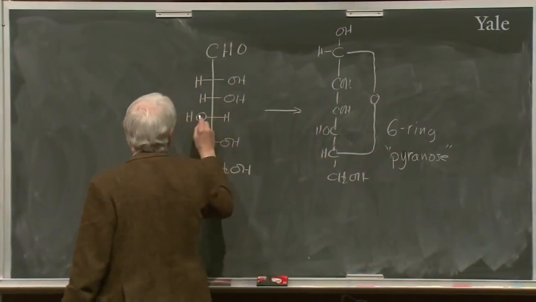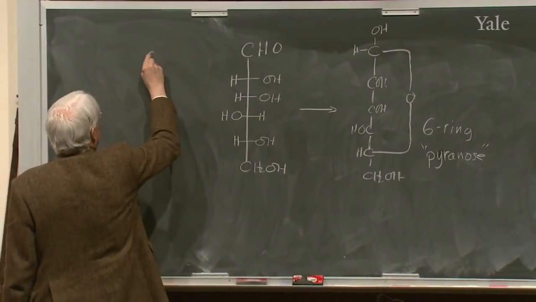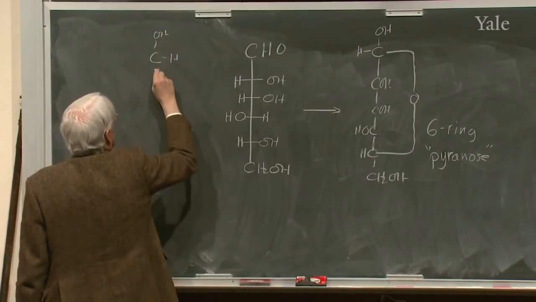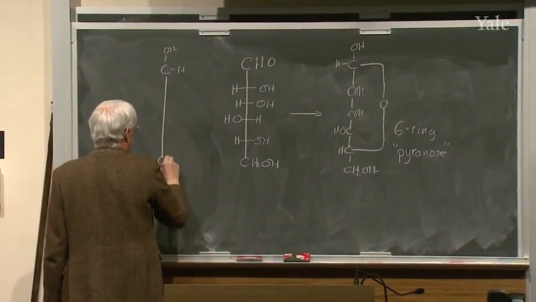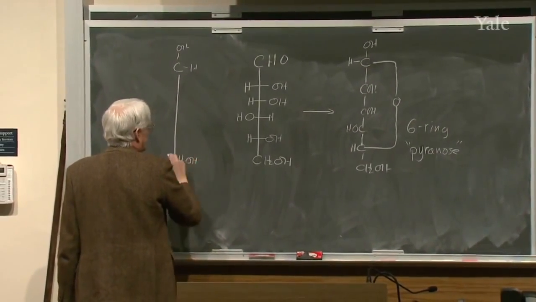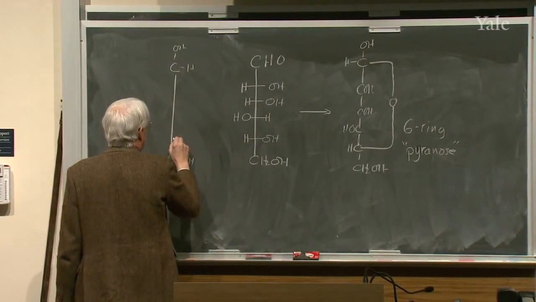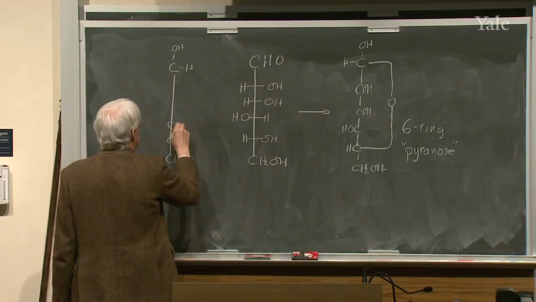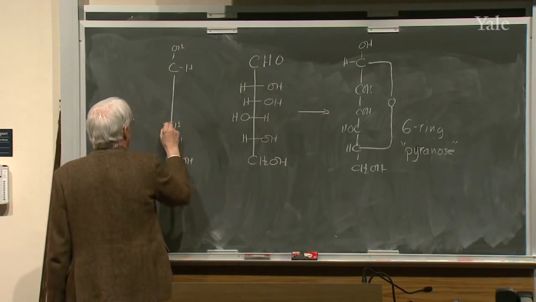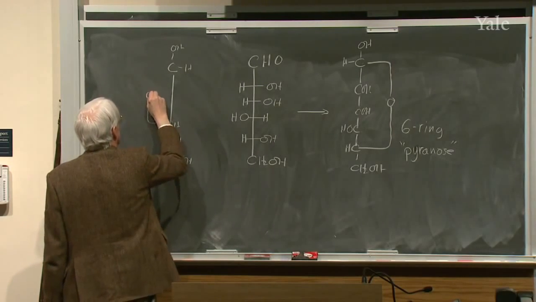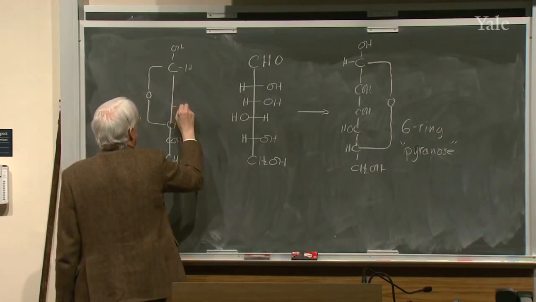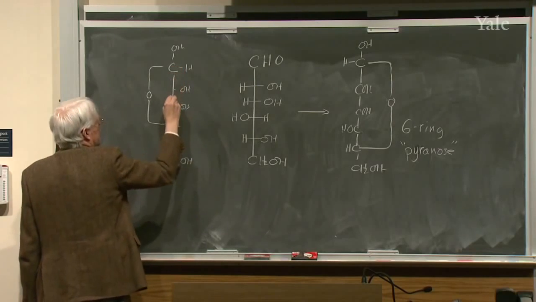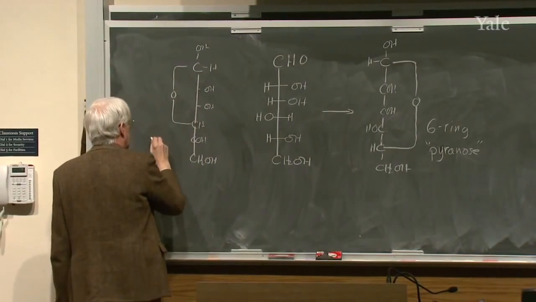Now, if it were this carbon, then we would have CHOH, and we'd come down here and we'd have CH2OH, and we'd have OH here, and we'd have CHO here, coming out O here, and we'd have OH and OH, and this would be a 1, 2, 3, 4, 5-membered ring.